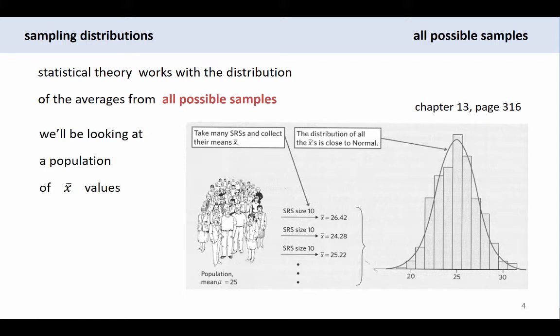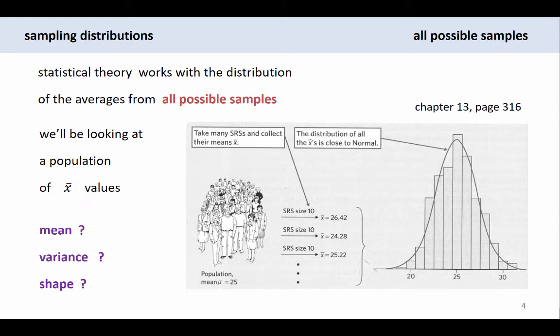So what we're looking at when we do our theory is the population of x bar values. We take lots of samples, and for every sample we just write down one key feature, the value of x bar, and then we put them all together in a histogram, and we ask 3 very important questions. What's the mean if we look at this distribution of x bar values? What's the variance? And what's the shape?